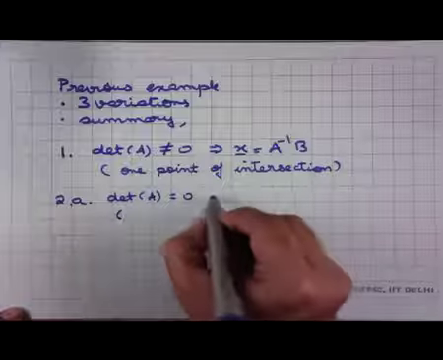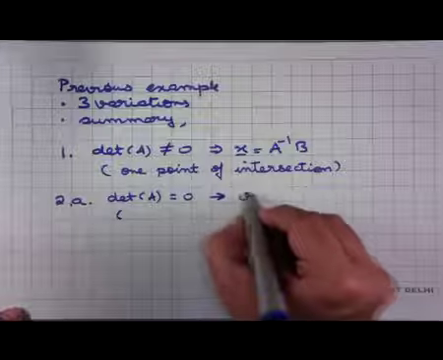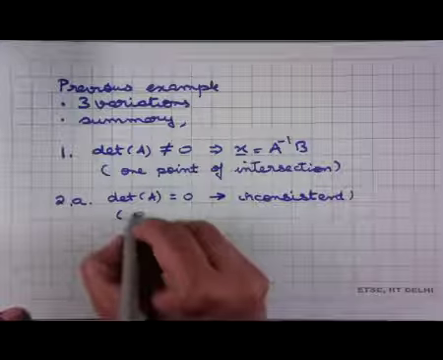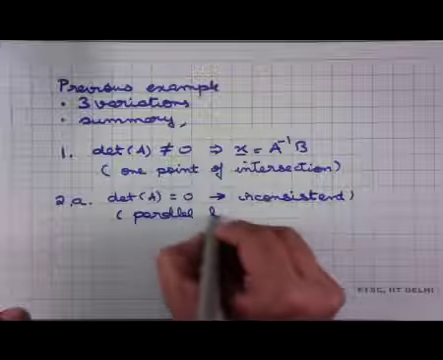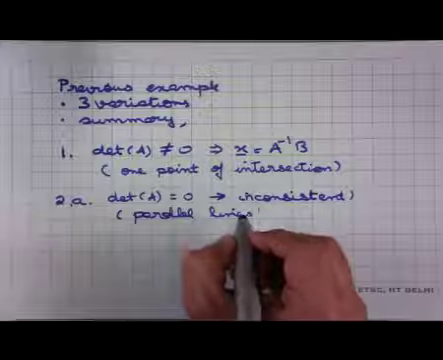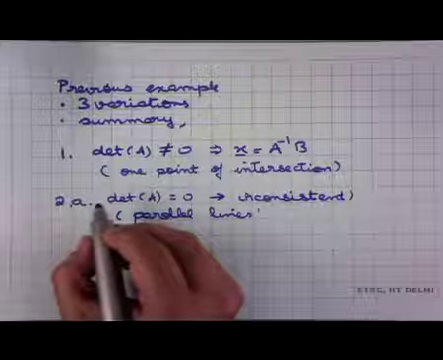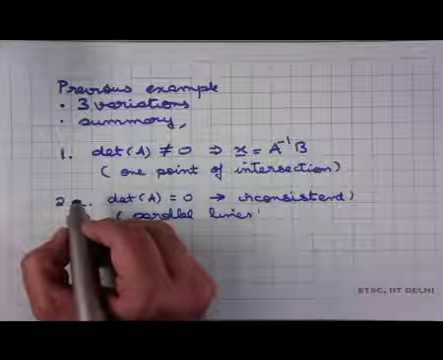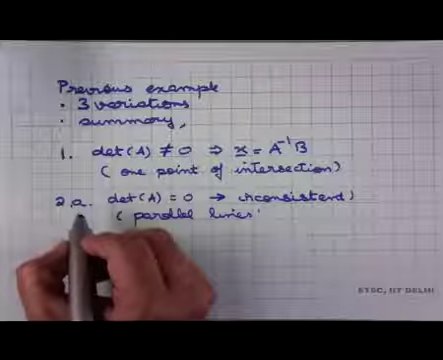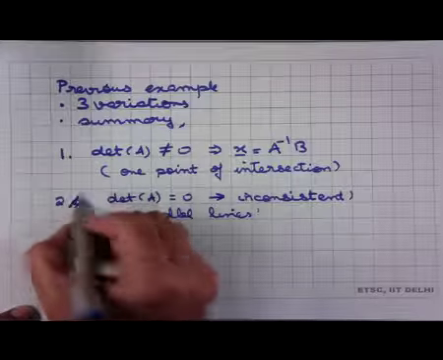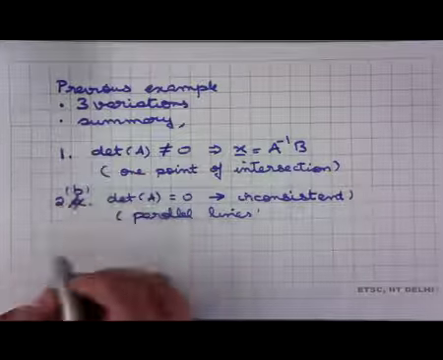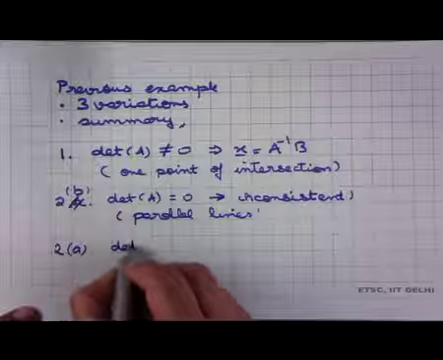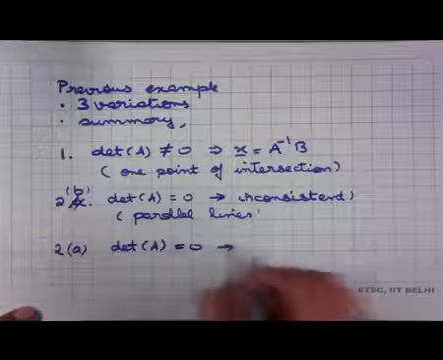So, we had found that this was actually inconsistent, and geometrically this was parallel lines. I believe this was the case 2B that we had looked at, corresponding to what we did in the procedure, and the case 2A was when the determinant of A was 0, but we could not make a conclusion.